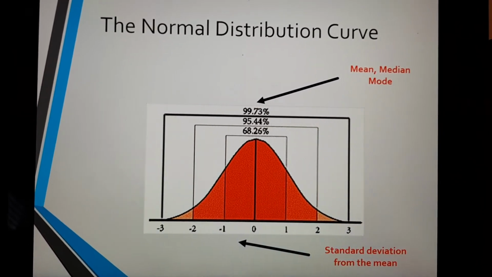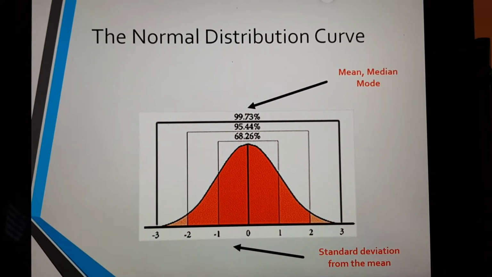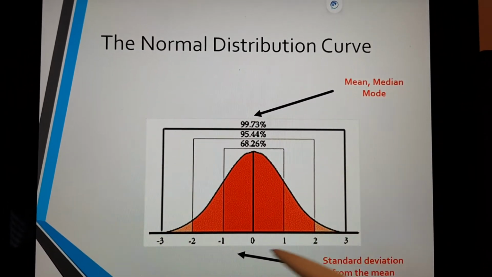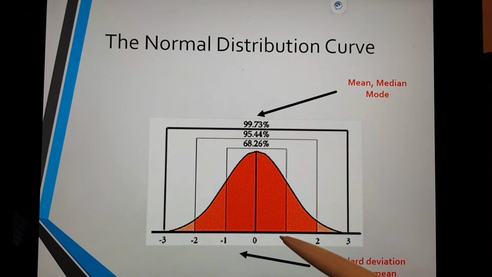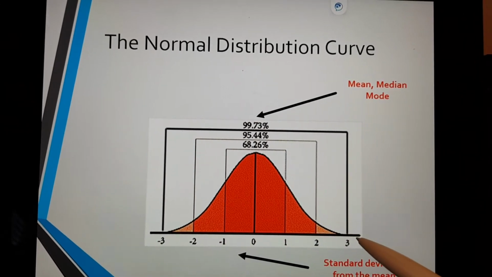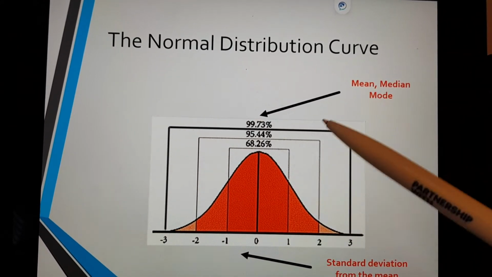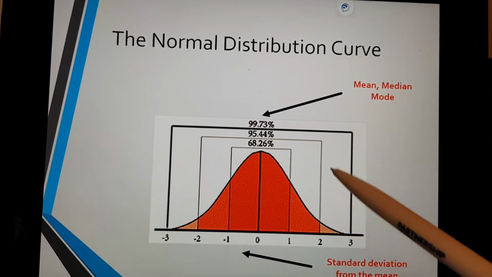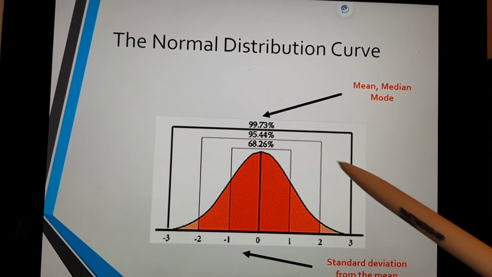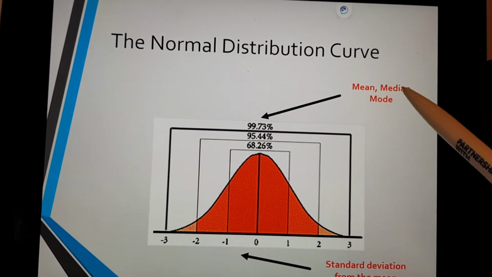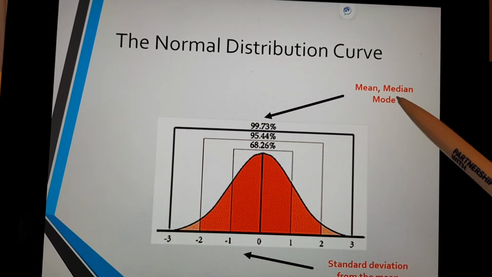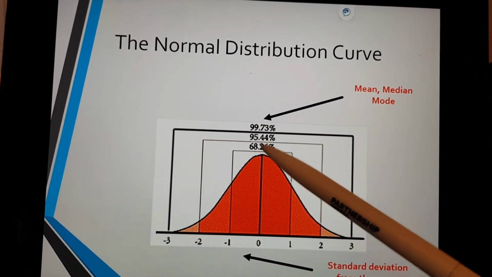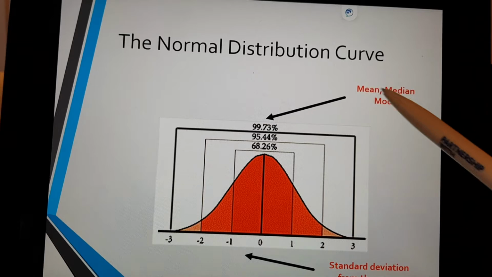And in a normal distribution, what it's representing here is the standard deviations, which we've calculated and looked at previously. So in a normal distribution, you have this bell-shaped curve, and our mean, our median, and our mode will all fall in the same place. Okay, so they're all the same.